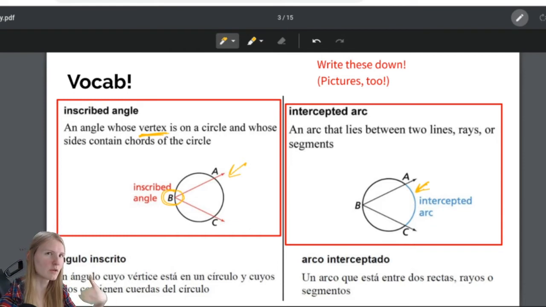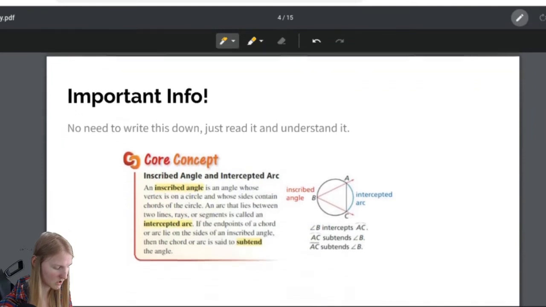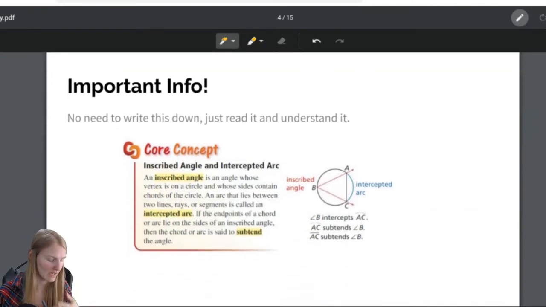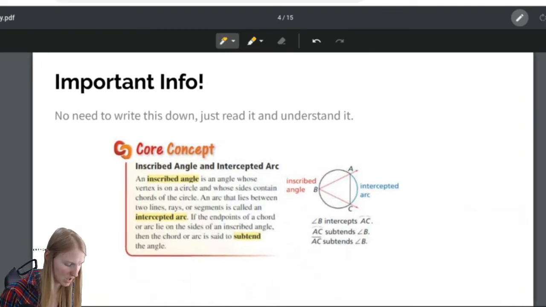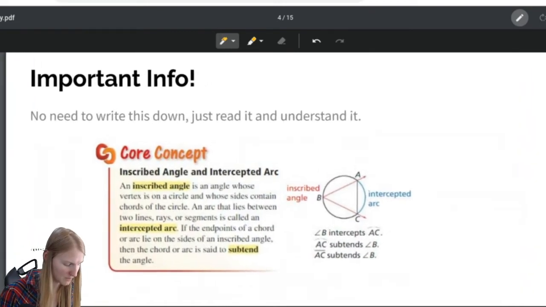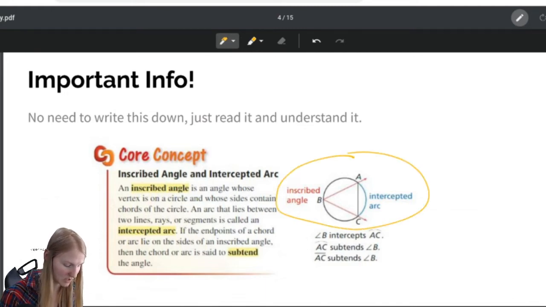And now we're going to move on to seeing what these vocab words look like together. You don't need to write this down because it's basically what we just wrote down. We're just going to talk about it a little more in depth. So, an inscribed angle and the intercepted arc go together. So you can see them both here in the same picture together.